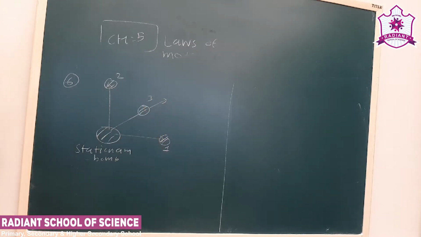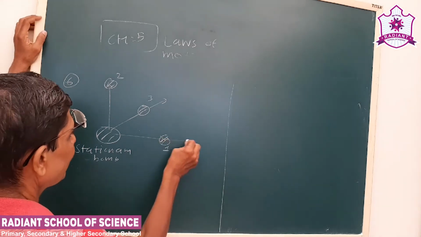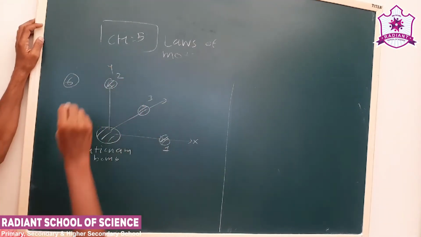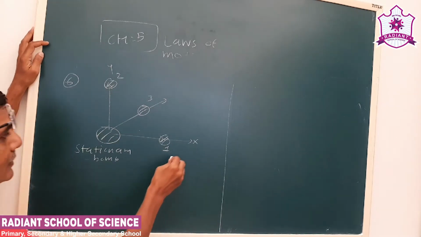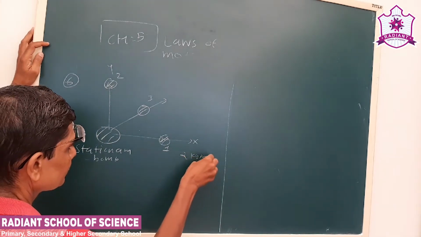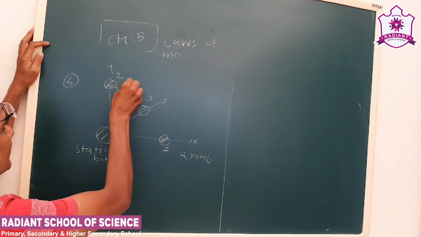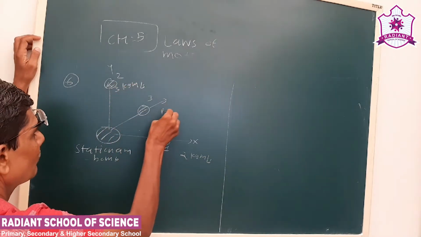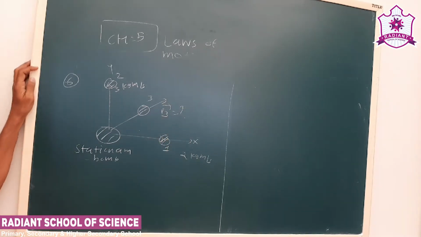The momenta of the 2 perpendicular fragments, let us say along x and y, are 2 kg meter per second and 3 kg meter per second. What will be the momentum of the third part?